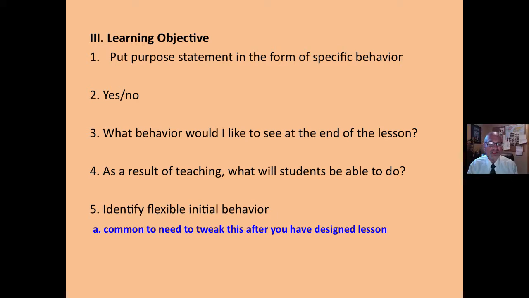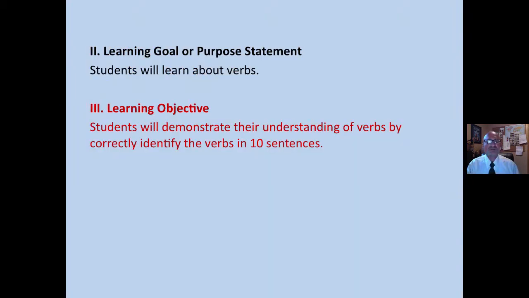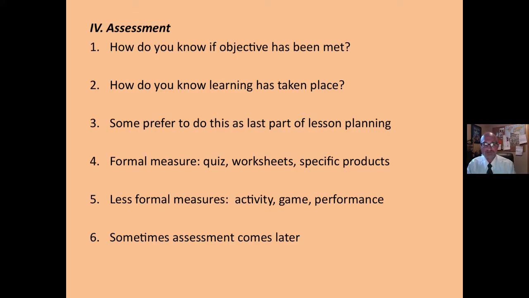It's very common after planning the lesson that you come back and tweak this a little bit. So keep it flexible here. And my example is, students will demonstrate their understanding of verbs by correctly identifying the verbs in 10 sentences. I can say yes or no in terms of, are students able to do this? All right, that is a behavior I want to see.